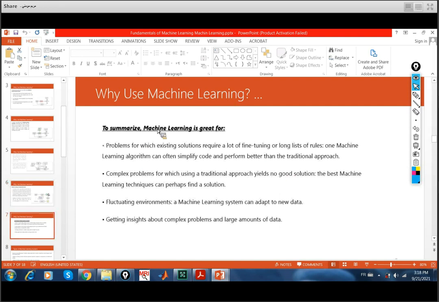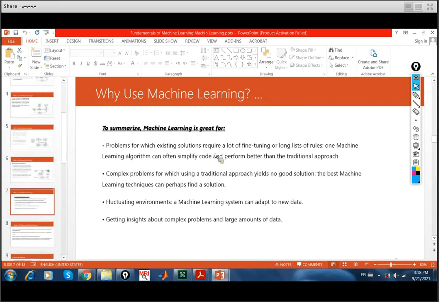This slide is the summary of our talk about machine learning. For example, problems for which existing solutions require a lot of fine-tuning or long lists of rules: one machine learning algorithm can often simplify code and perform better than the traditional algorithm.